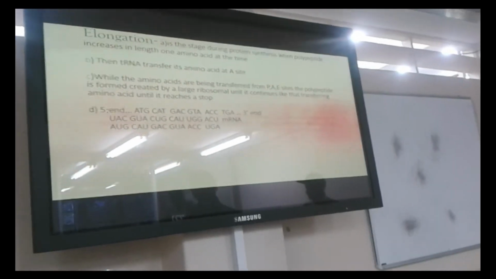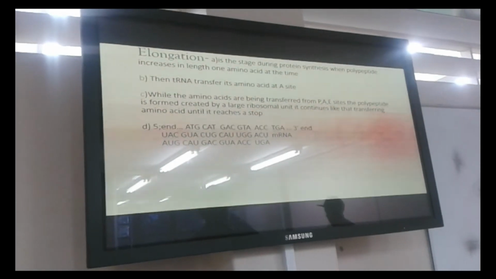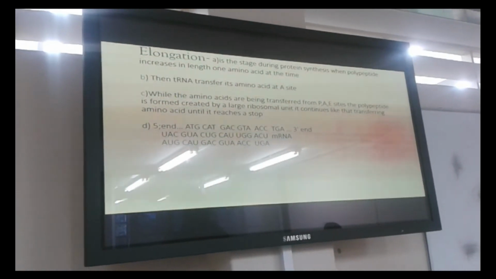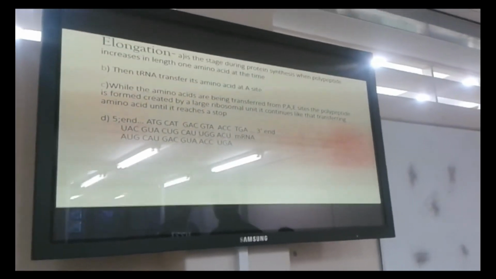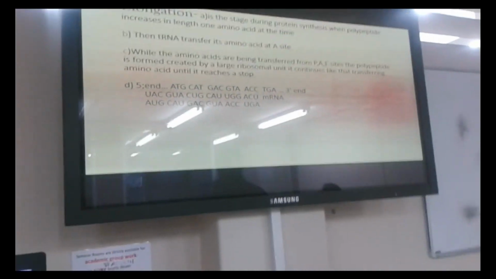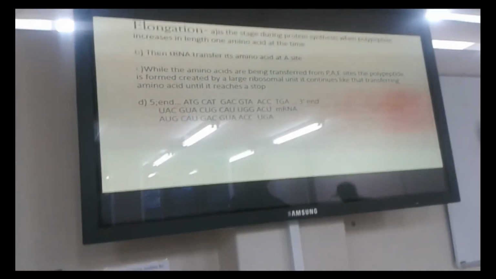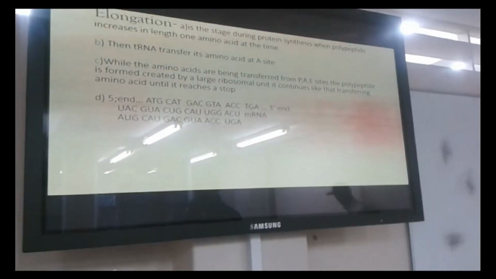And then the elongation stage, which is the second stage of translation, is the stage during protein synthesis where the polypeptide increases in length one amino acid at a time. When an amino acid comes, the polypeptide increases. Another amino acid comes, the peptide increases.